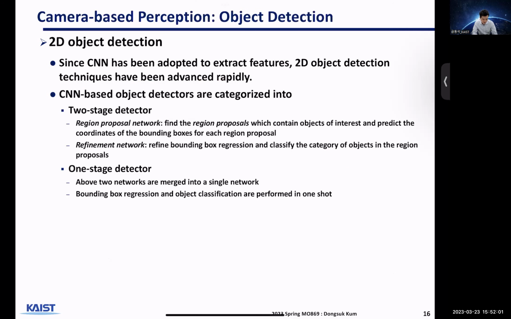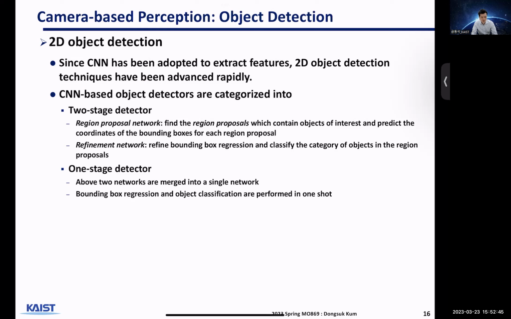Okay, and let's start with a quick history of 2D object detection. The history of deep learning based 2D object detection is not that long, because deep learning came into the picture for 2D object detection only about 10 years ago.